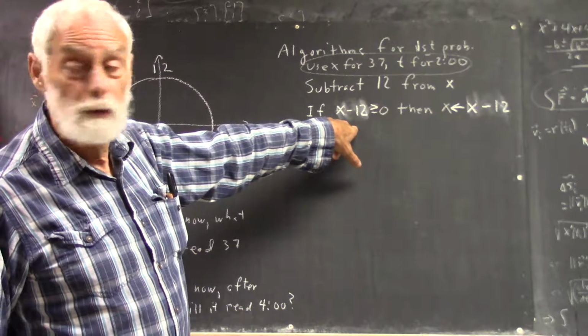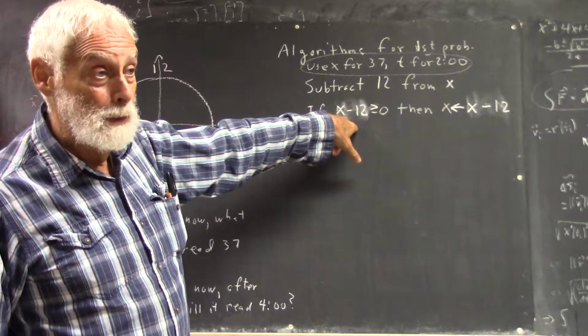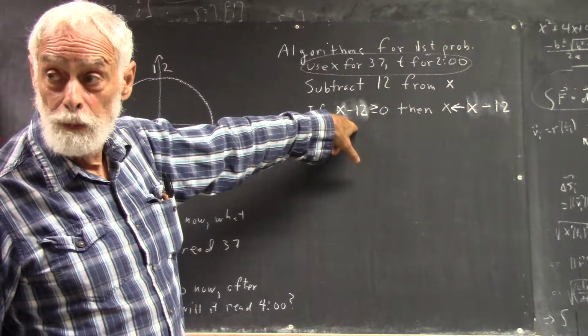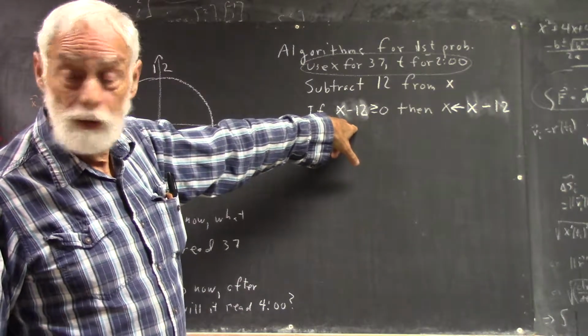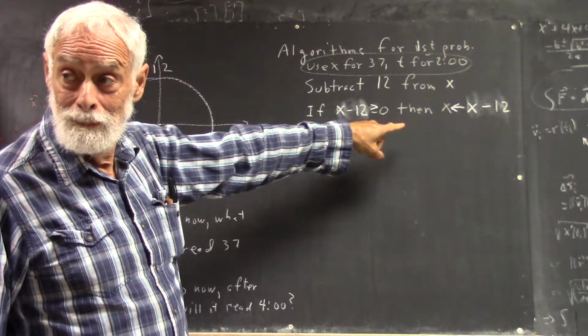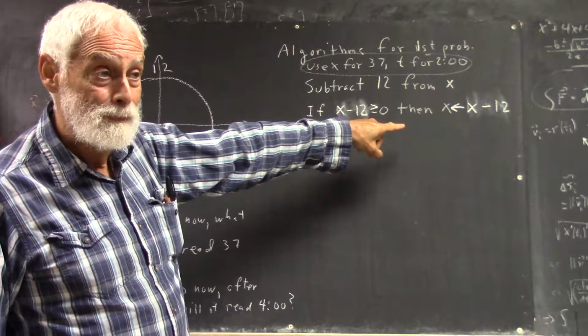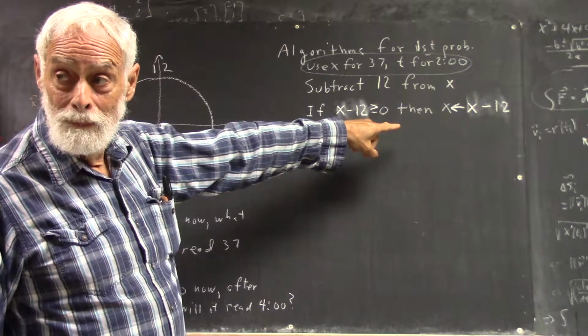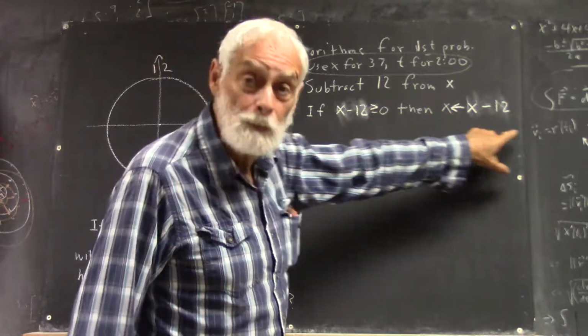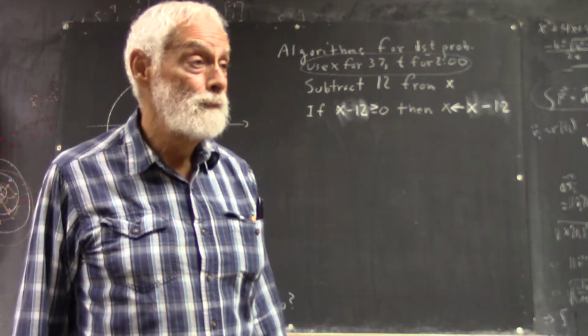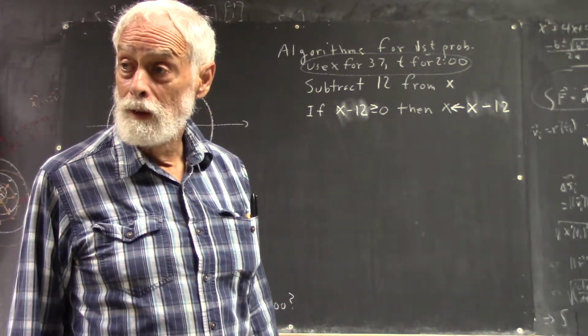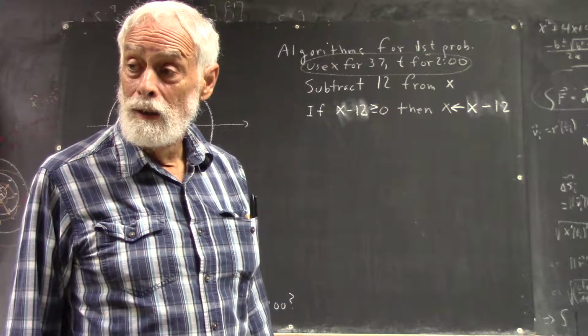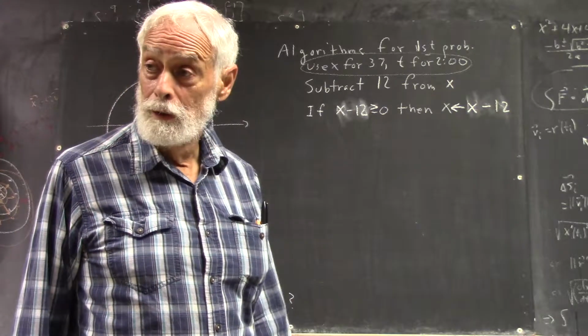Yes. Well, if x is 37, x minus 12 is 25, and that's greater than or equal to 0. So what are we going to do? We're going to replace x with x minus 12, right? Yeah. So now what do we do?